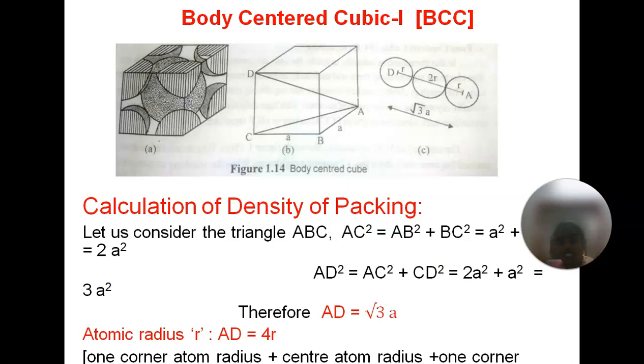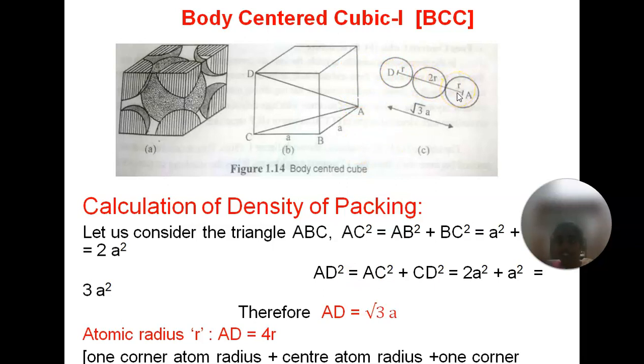Now the calculation of the density of packing fraction. The center one is the body diagonal atom, and these two are the neighboring atoms for this body diagonal atom. For the packing fraction we first need the number of atoms, which is 2, and the neighboring atoms. From these we can calculate the atomic radius.